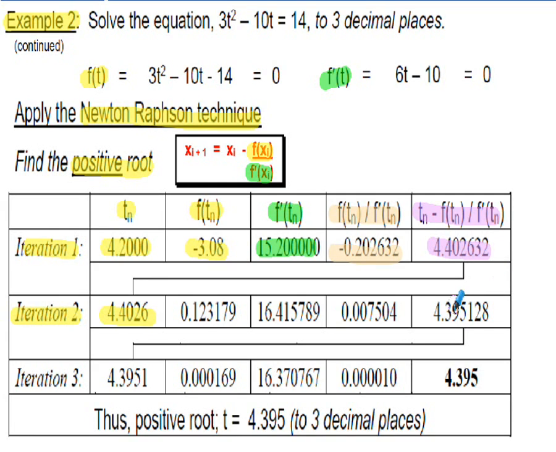What we end up with is a value of 4.395128, which we then take forward to iteration 3. And eventually we find a value of 4.395 for the value of t and the root location. So for our positive root, the value of t we estimate from the Newton-Raphson technique is equal to 4.395. That's to 3 decimal places.